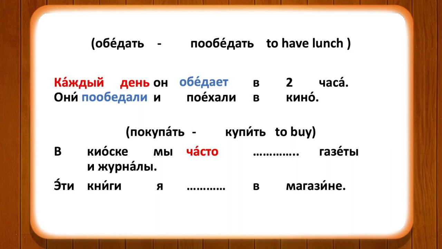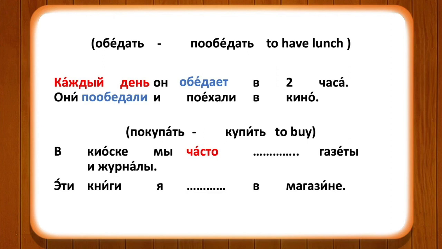В киоске мы часто газеты и журналы. Kiosk is a stall. Газеты и журналы means newspapers and journals. So в киоске, at the stall, мы часто газеты и журналы. So we often buy newspapers and magazines at a stall.